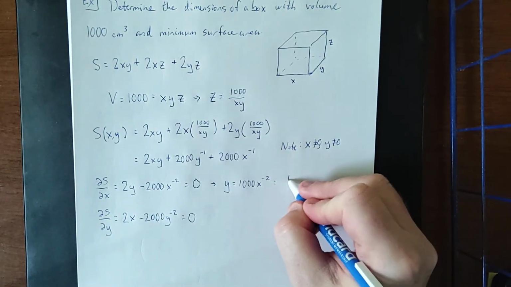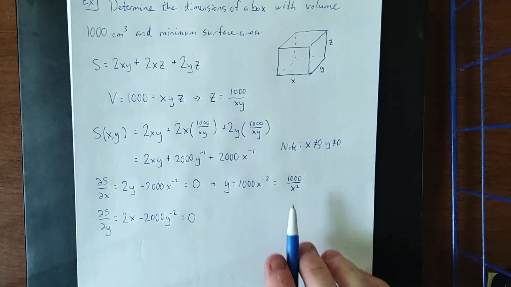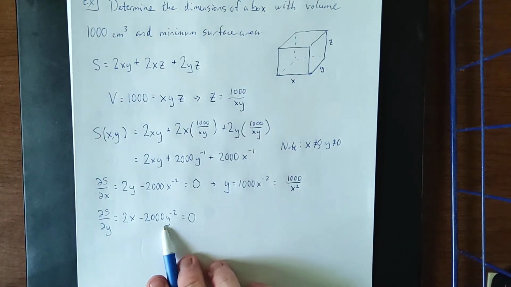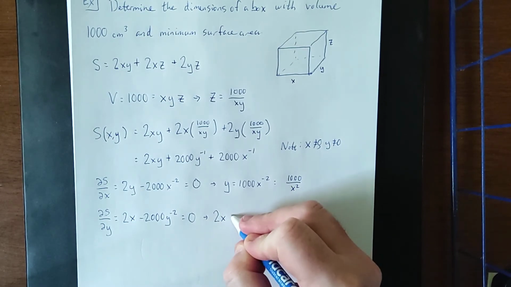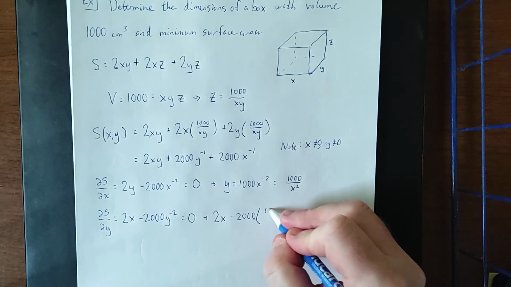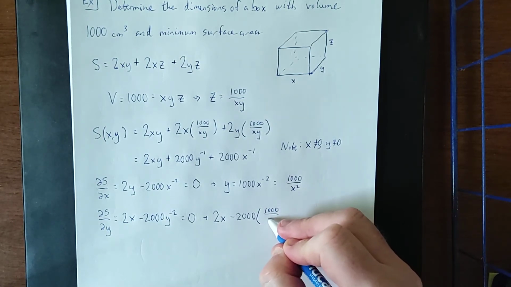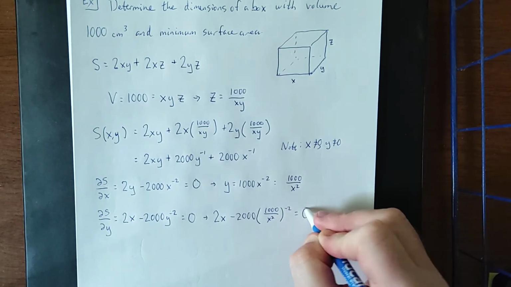Or more succinctly, this is 1,000 over x squared. We're going to perform this substitution into this equation. This will give us 2x minus 2,000 times 1,000 over x squared raised to the negative 2 power is equal to 0.